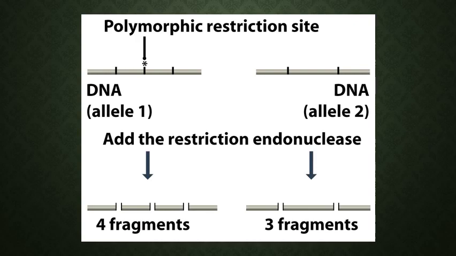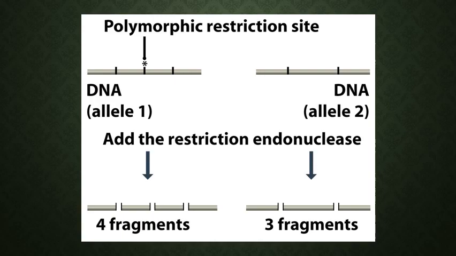The next is the simple sequence length polymorphism. This is actually minisatellite and microsatellite, also known as variable number of tandem repeats, VNTRs. And as you know, SNP is a position in a genome where some individuals have one nucleotide and others have a different nucleotide.